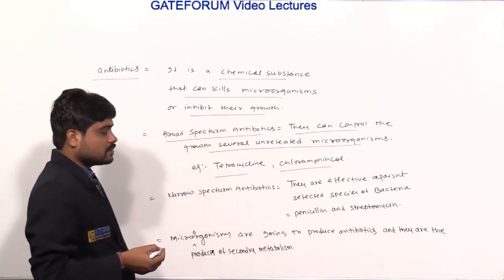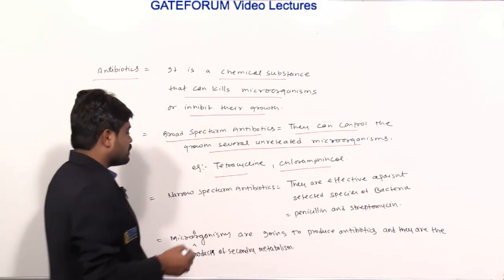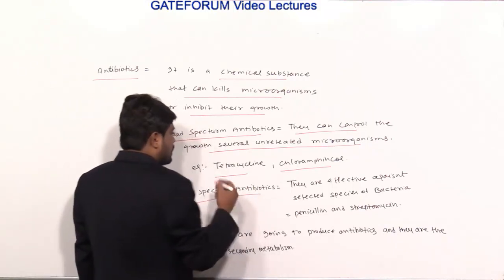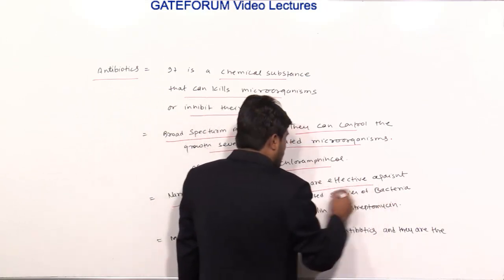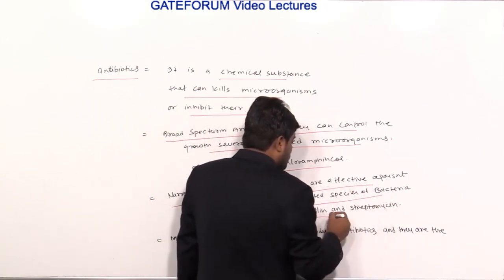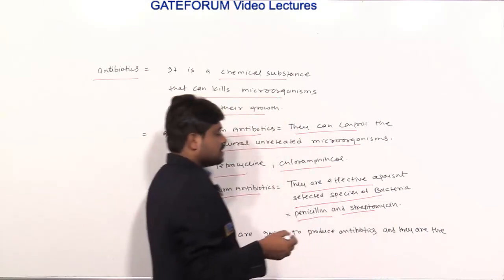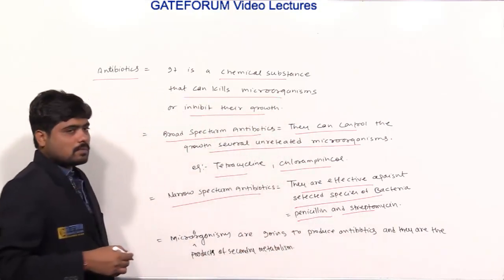The second point is narrow spectrum antibiotics, which are effective against selected species of bacteria and include penicillin and streptomycins.